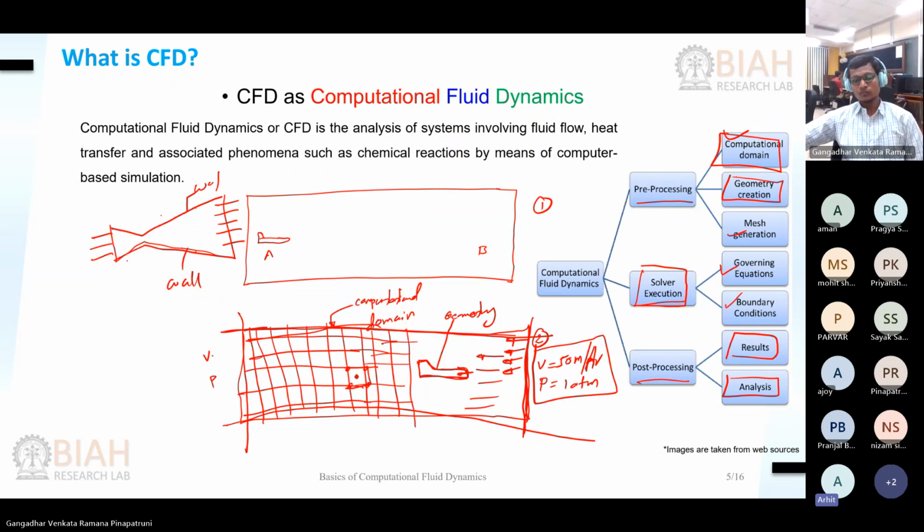You have discretized this in a 2D form. In the case of 3D modeling, are we going into the finite volume method, or what is the difference between the finite volume method and finite element analysis? Are we taking a 2D element, or a volume in that case?